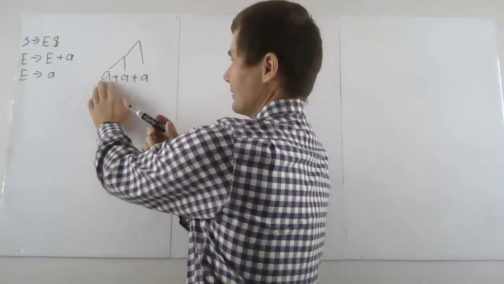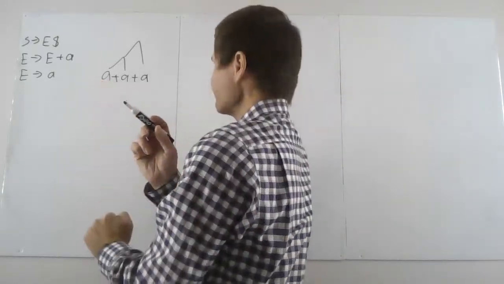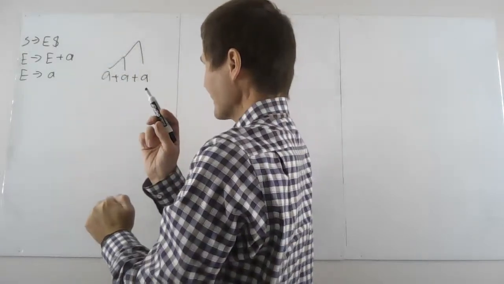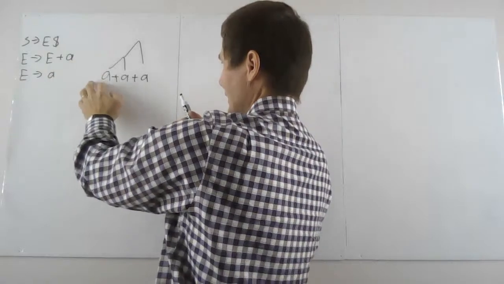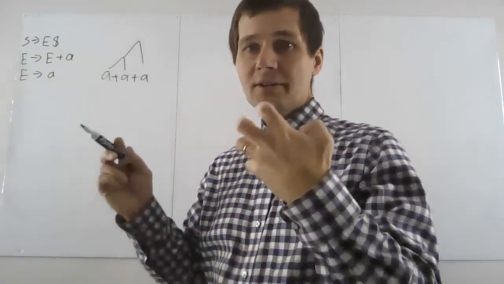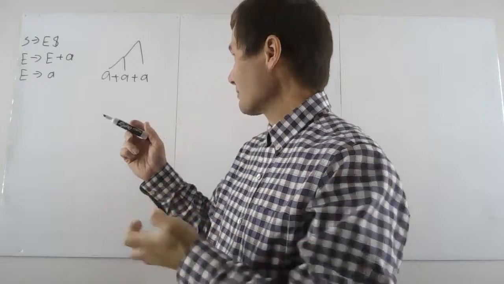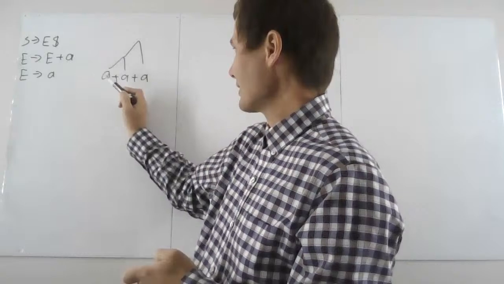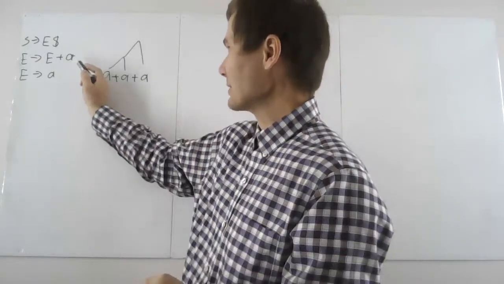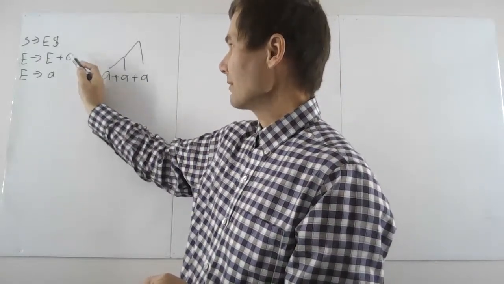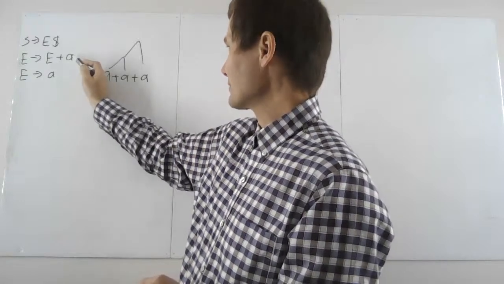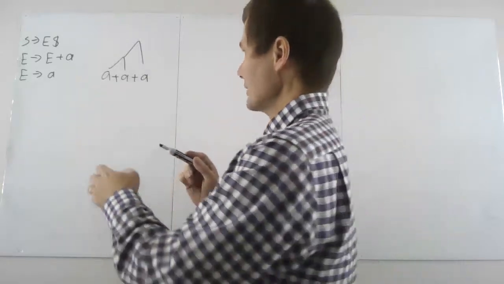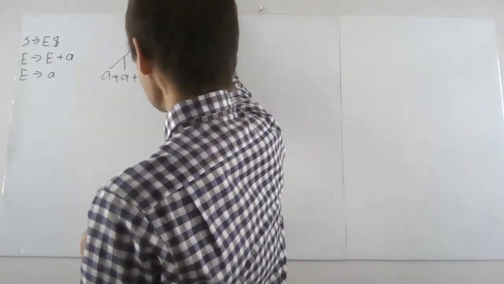And specifically, when I see this first A in the input, and I'm trying to expand an expression into something that starts with A, the correct thing for the parser to do, if you think about the derivation of this string, would be to apply this rule twice, followed by this rule, right? So this rule twice to get the two pluses into our string, and then this rule. But the parser has to make that decision because it's a top-down parser.